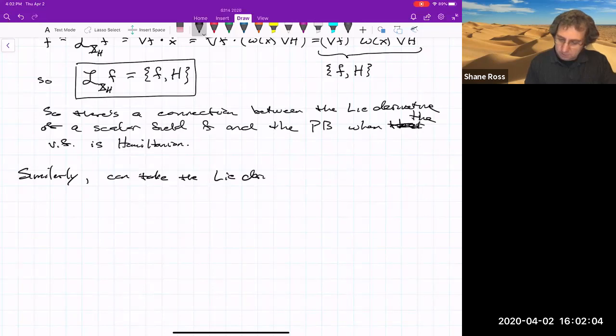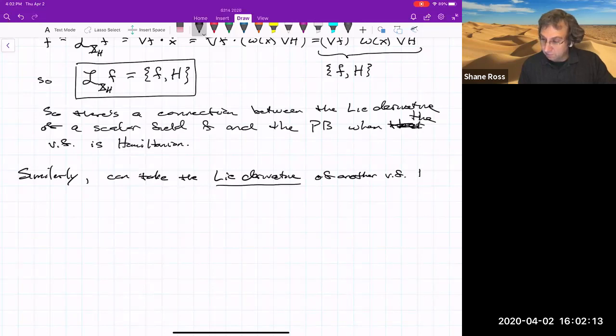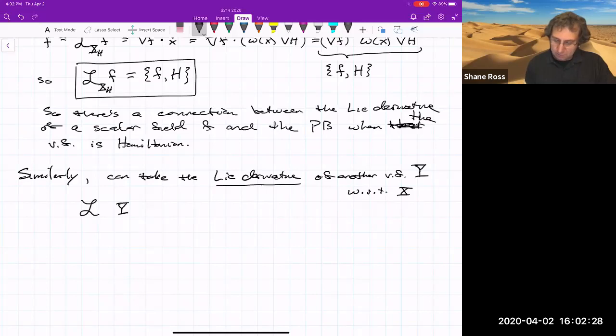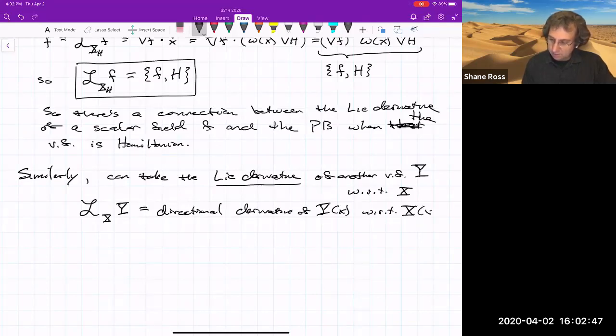So you can take the Lie derivative of another vector field, which I'll write as capital Y, with respect to our original vector field X. So fancy L, Lie derivative of the vector field Y with respect to the vector field X. I guess you could call this a directional derivative of Y with respect to X.